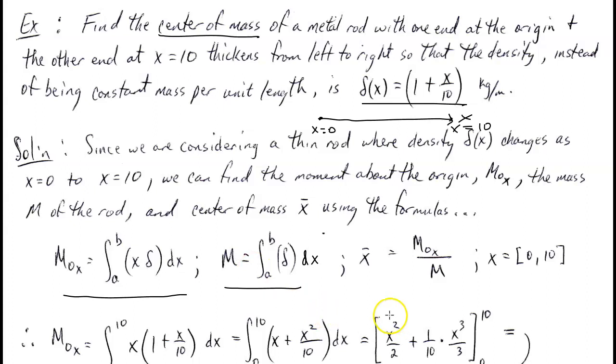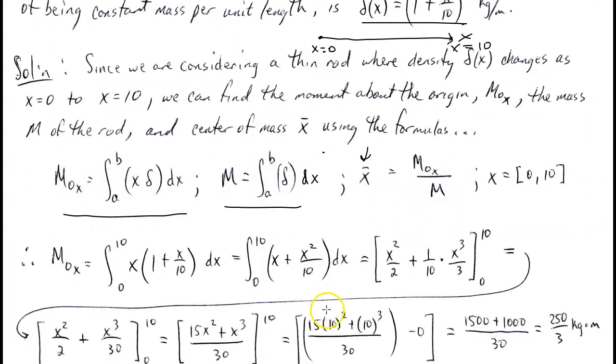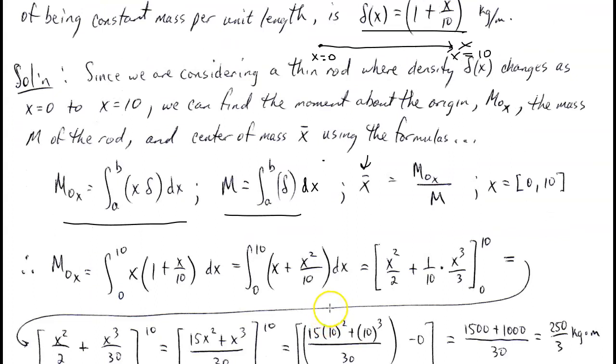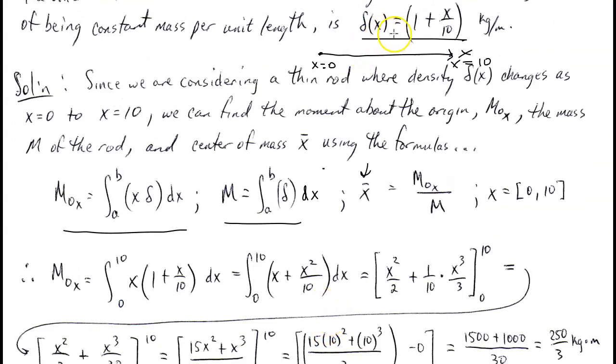Okay. And of course, our center of mass is just going to be the quotient of the system moment divided by the system mass. So first thing we need to do is use our function for the density, describing the density of the rod. And we see here that it's going to be x times whatever this density is. And then from there, we can just multiply the x into both terms.